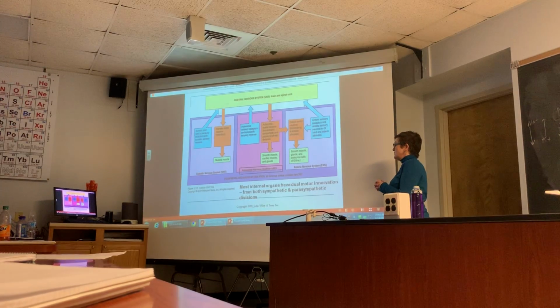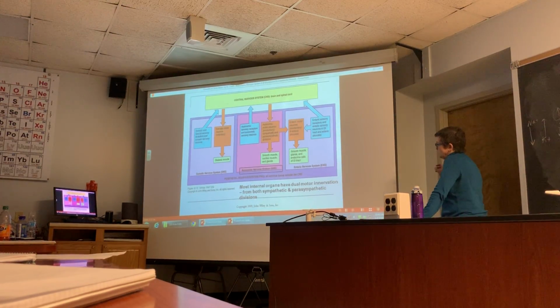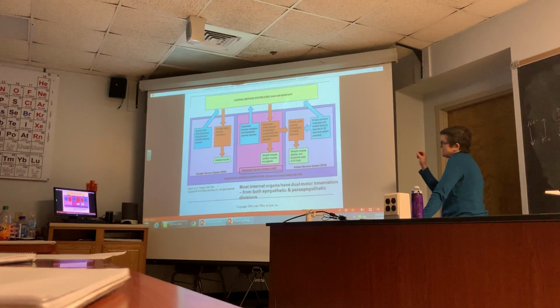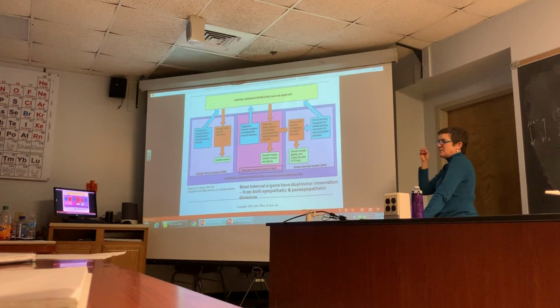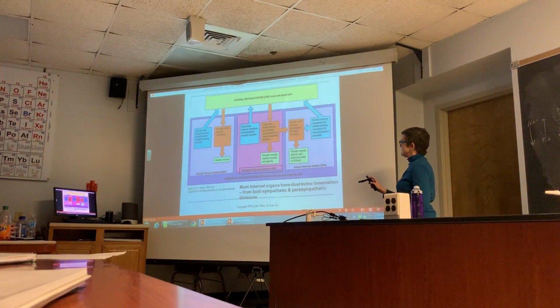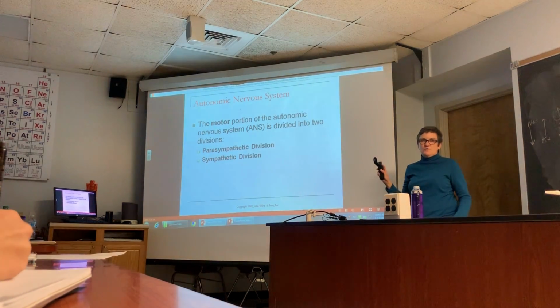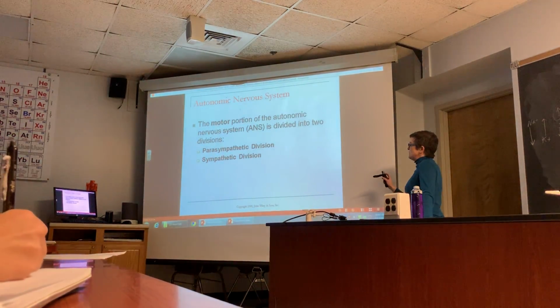Most of your internal organs, except for skeletal muscle and bones, which I don't think are really affected by the autonomic system, have dual motor innervation. In other words, they are innervated by both the sympathetic division and parasympathetic division, which have opposite effects on those effectors. This is the motor portion of the autonomic system, not the sensory portion, just the motor.